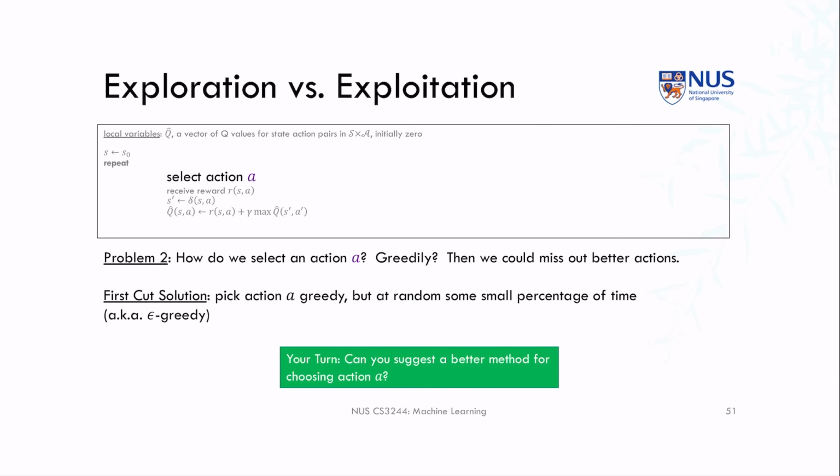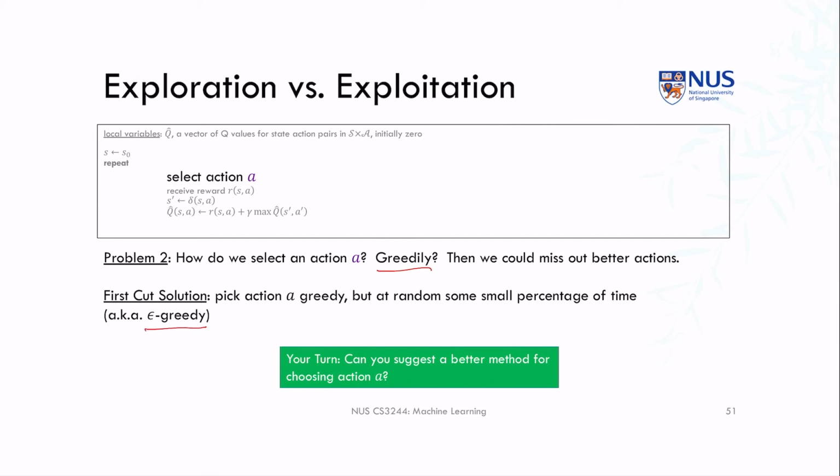So for these reasons, even though we've already gotten estimates of how good a particular action is, we may still want to go back and revisit, okay? So even if we do it in a greedy manner, that may end up being suboptimal because our reward and our transition matrix is not deterministic, okay? So what we are going to do is introduce this idea of an epsilon greedy algorithm, what we call this, okay?